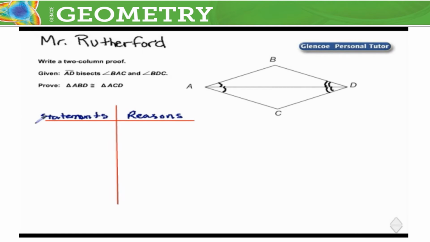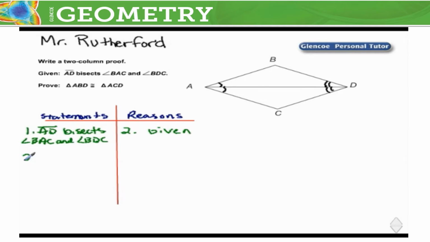To start, we're going to state our given here. We have segment AD bisects angle BAC and angle BDC. So the reason here is that this is given.